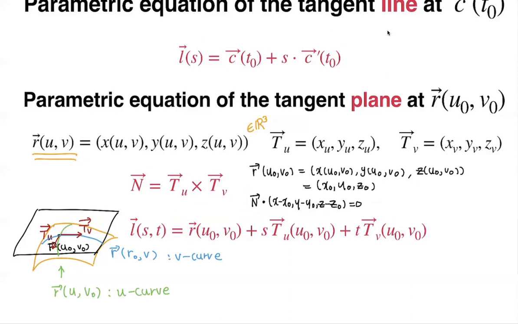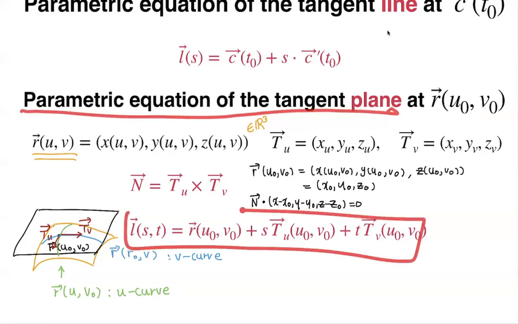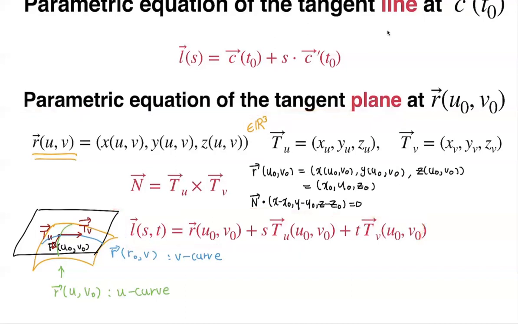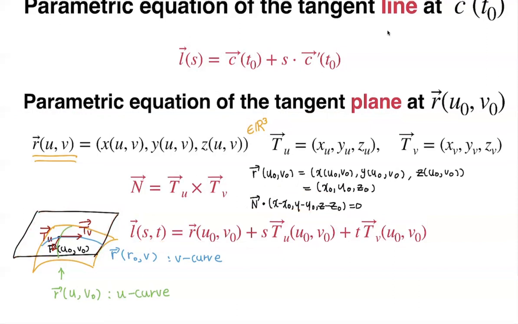So a parametric equation of the tangent plane is given by this one, but there is also the linear equation of the tangent plane. These two equations give the same tangent plane.